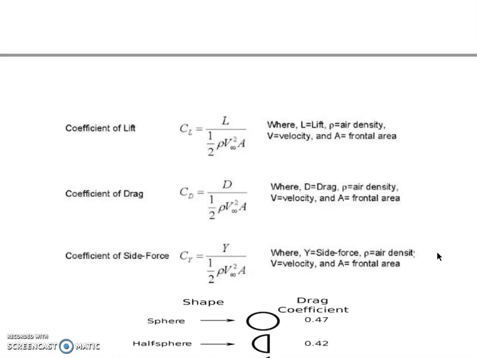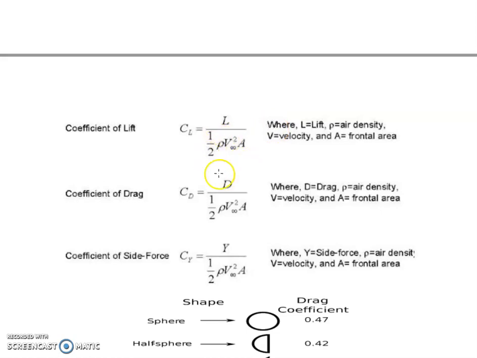Similar to the coefficient of drag, the coefficient of lift and coefficient of side force can be found. Coefficient of lift is CL equals L by half of rho V square A, where L is the lift.